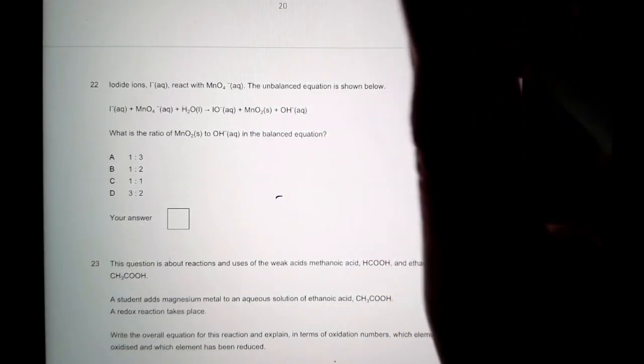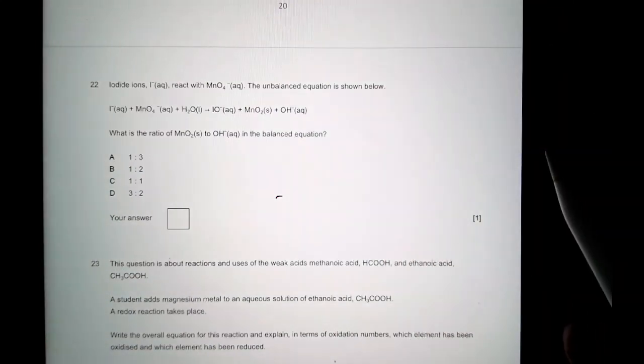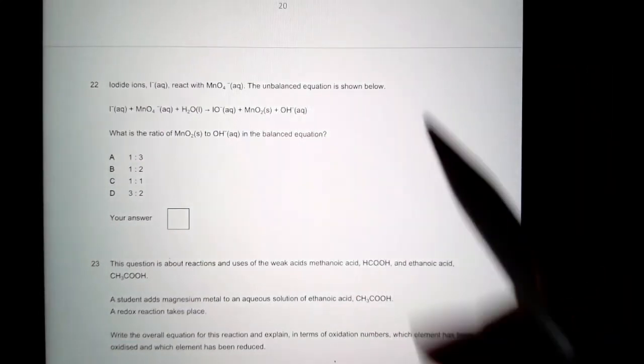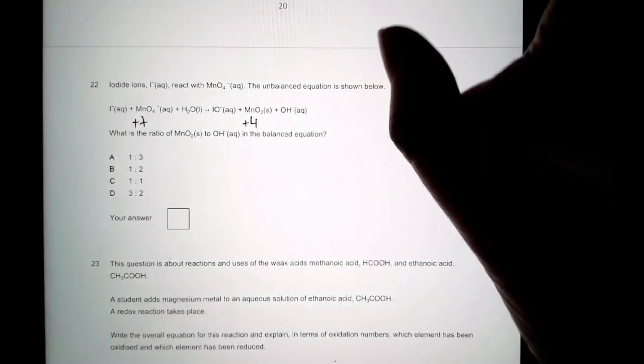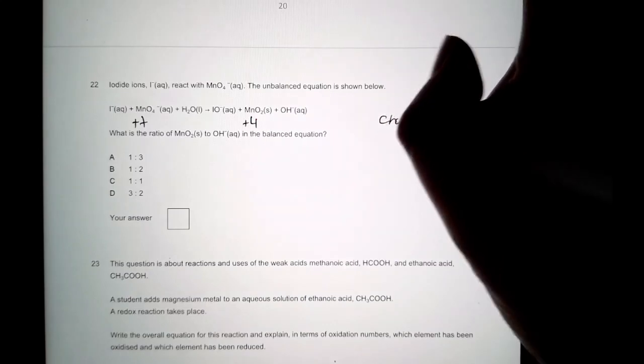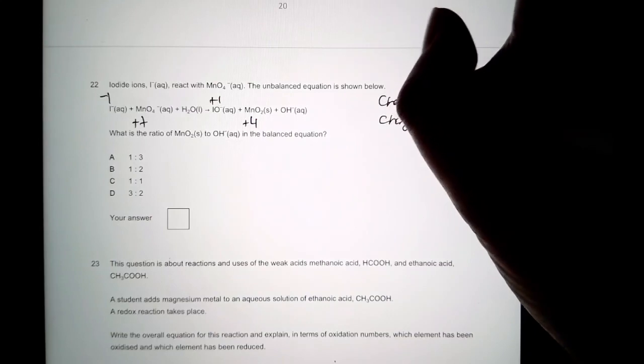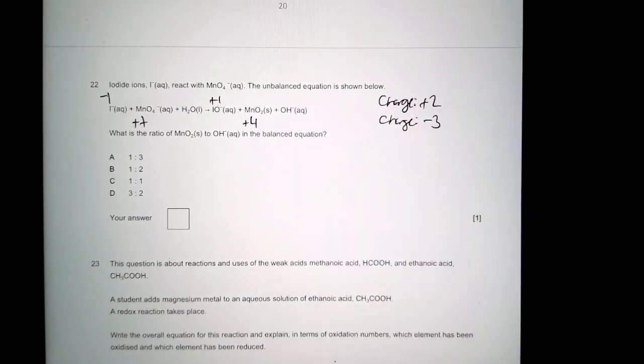You would have to use your oxidation numbers, but this is another one where the oxidation numbers are a little bit tricky. So if I'm using oxidation numbers, this is +7 and it's going here to +4, so I'm getting a change of -3. The other thing that's changing, oh, iodine is -1 here, and then on this side it's going to be +1, so my change is +2.